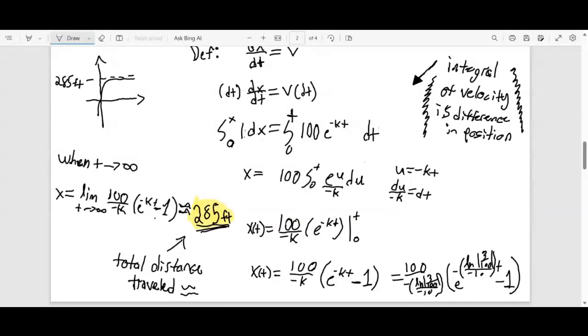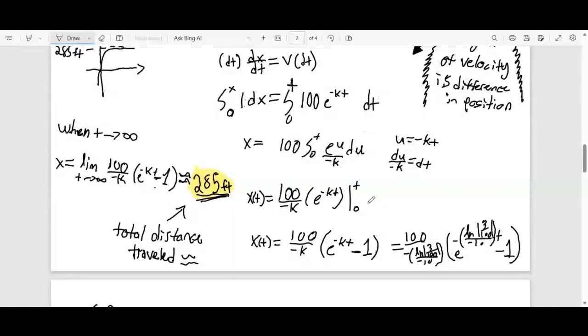The outcome of integrating this is going to be the difference after I find my antiderivative and evaluate it from 0 to t.